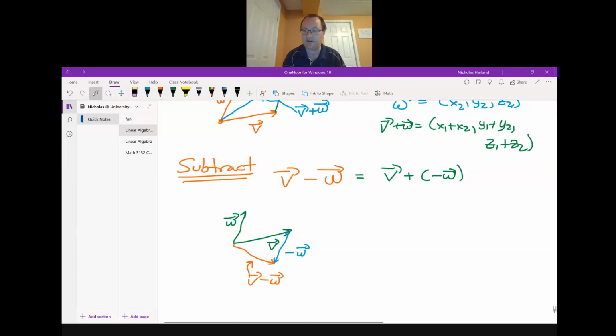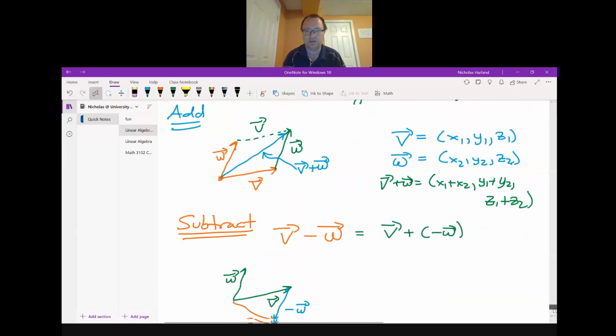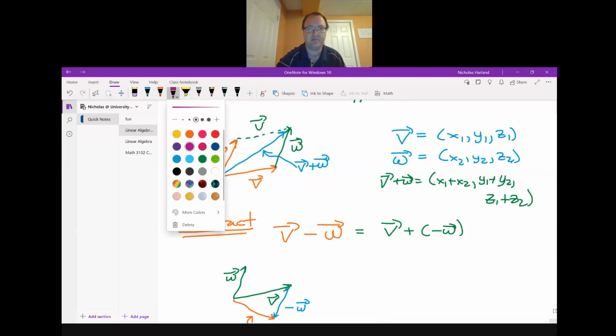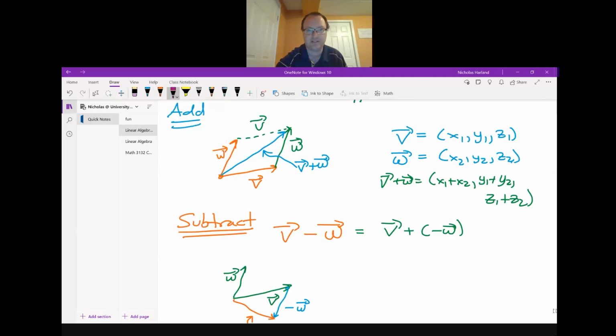Now, if we look at the above picture, where it starts and finishes is not the same. In terms of length and direction, that would be the same thing as that one. So V minus W can also be thought of as starting from the one you're subtracting, from the end of W to the end of V. And that would give us the exact same thing as what we had right here.